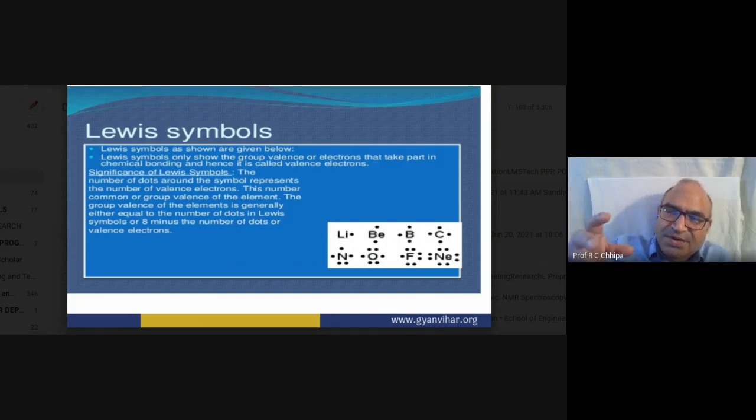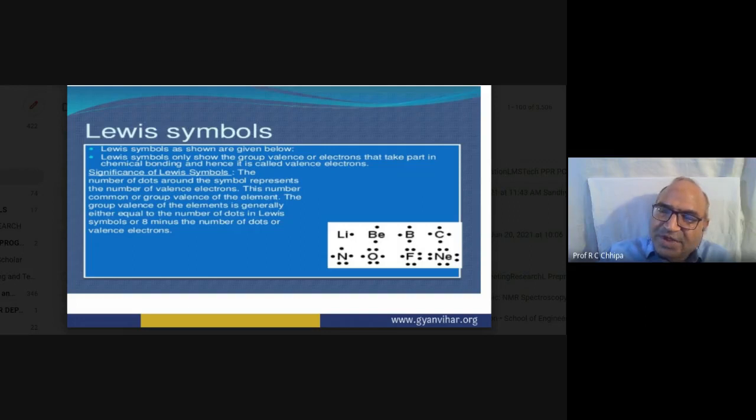Sharing of electrons is covalent bonding, and transfer of electrons with the formation of cations and anions is ionic bonding. In coordinate bonding, the electron pair is wholly donated. So the electron transfer is one thing, and the electron sharing is another.